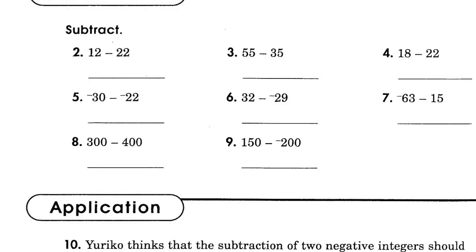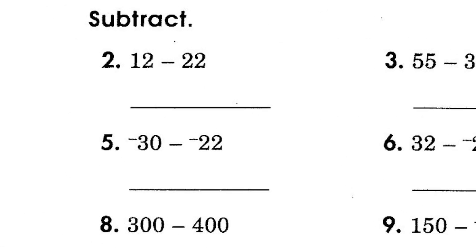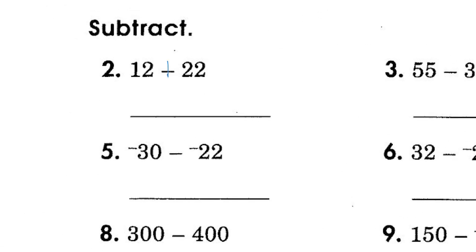All right, now, here's the easiest thing you could do, and I'm going to do this in a color of blue. You are going to go in and you're going to change each of these problems into adding the opposite. And it only applies to the number that comes after the subtraction sign.